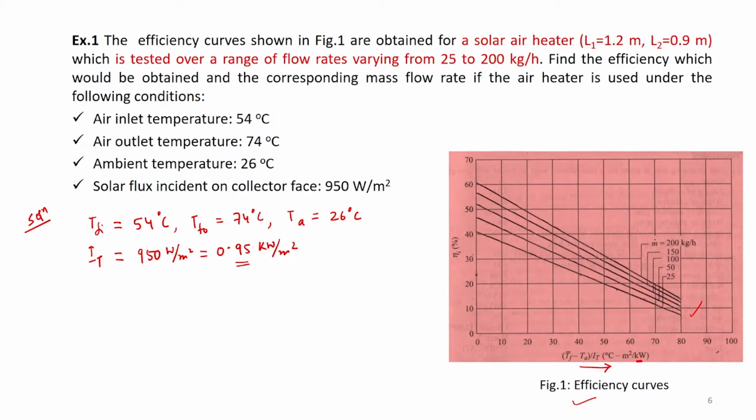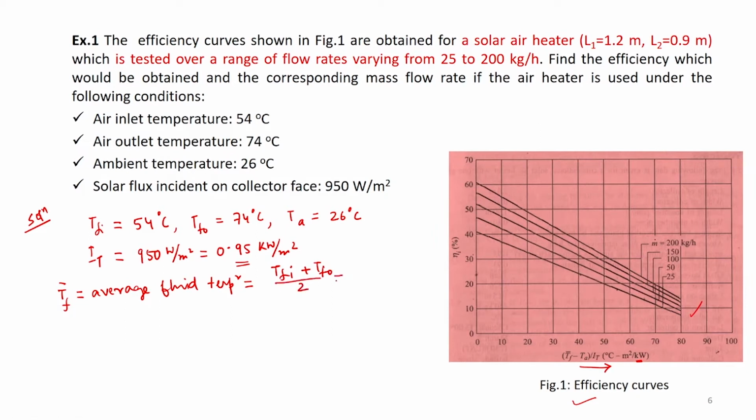Now, let us first calculate the average fluid temperature. TF bar, which is nothing but the average fluid temperature, can be represented by (TFI plus TFO) divided by 2.